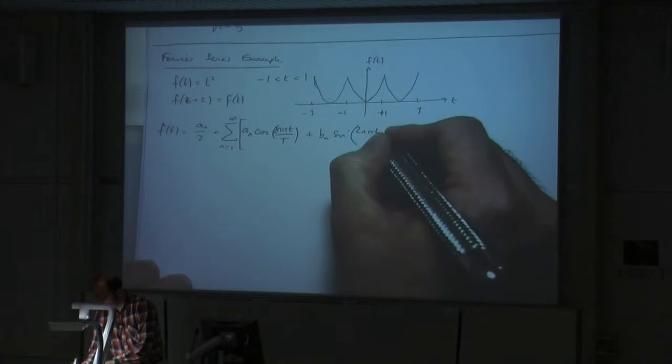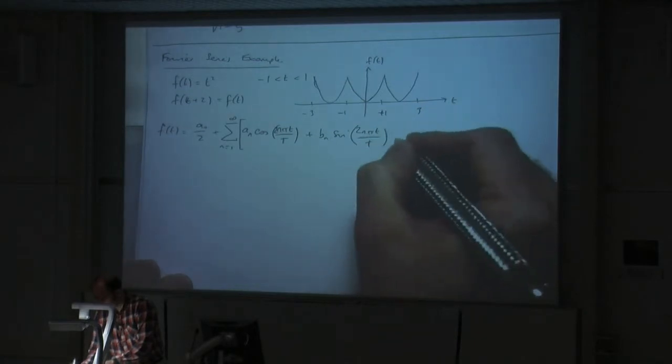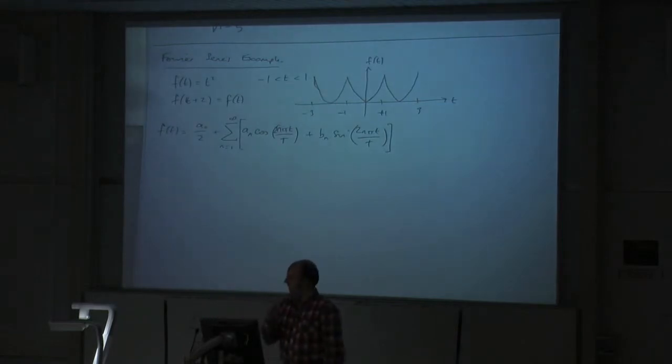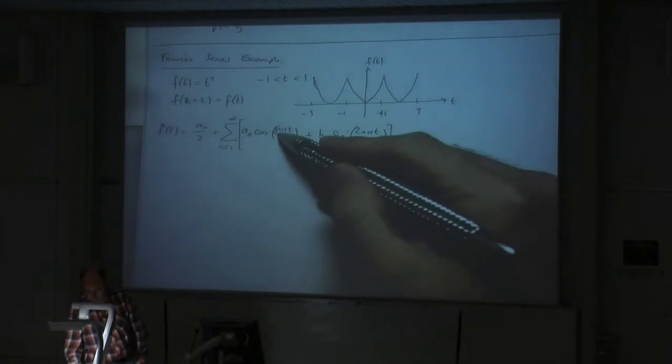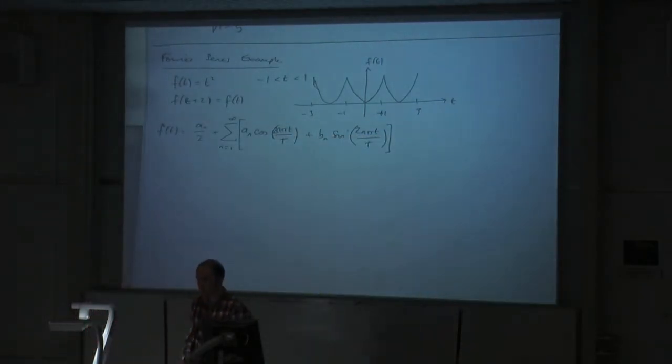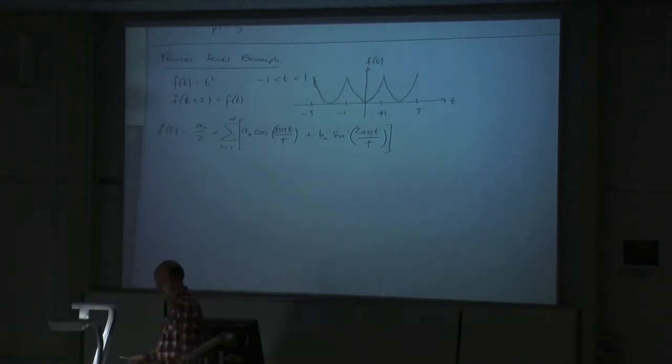That's the Fourier series, the equation for a general period. There is a 2 in that bracket at the top. In case you're unsure, it's the equation at the top of page 59 in your notes.